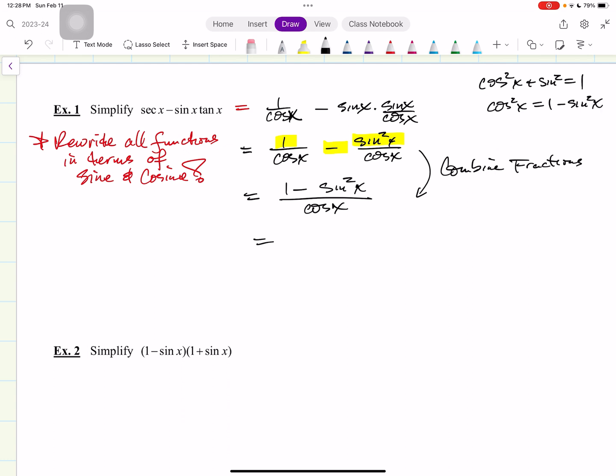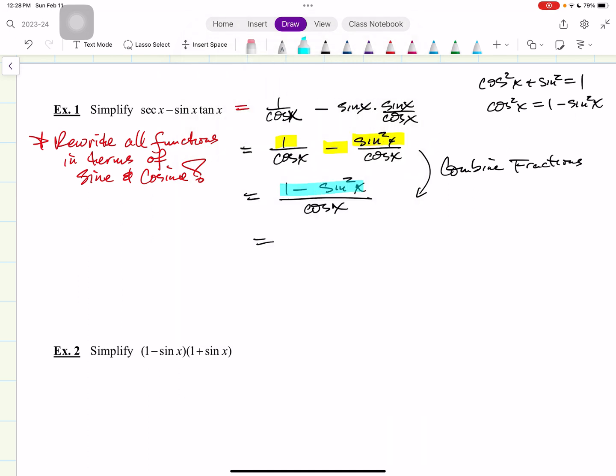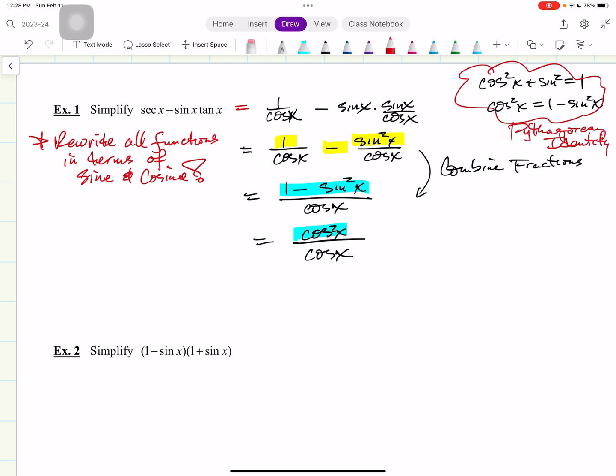This is the Pythagorean identity that we talked about in the beginning of the lesson. So the numerator here is the same thing as cosine squared x. The denominator stays the same. So I use the Pythagorean identity here.